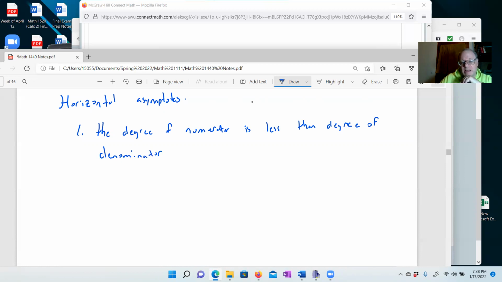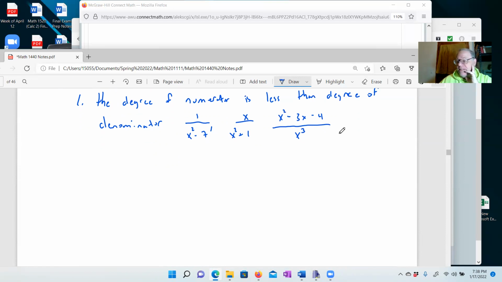Examples look like 1 over x squared minus 7, x over x squared plus 1, x squared minus 3x minus 4 over x cubed. Again, I'm trying to make sure I'm not getting any common factors here. That really matters, but let's just work on one thing at a time.